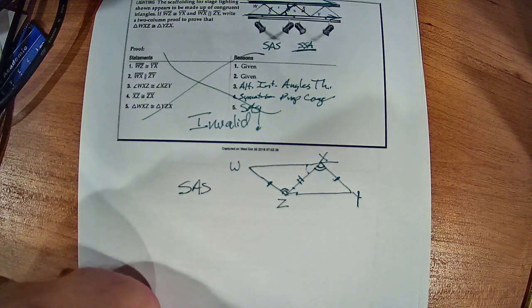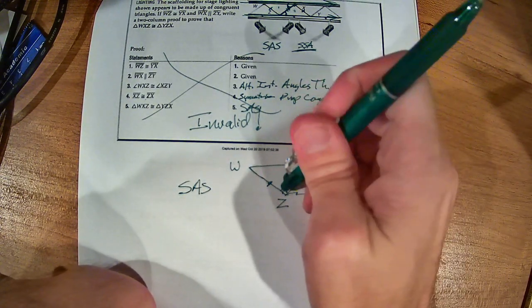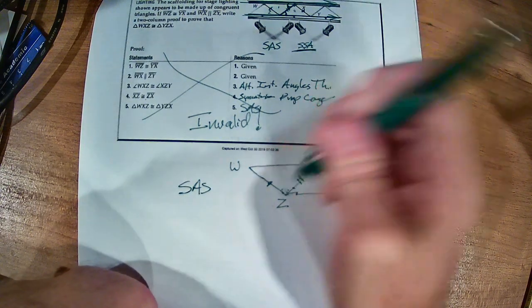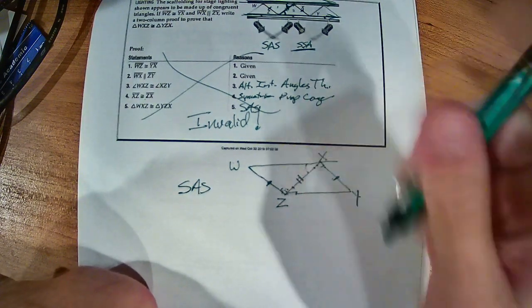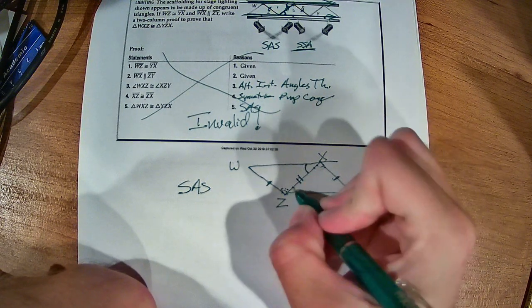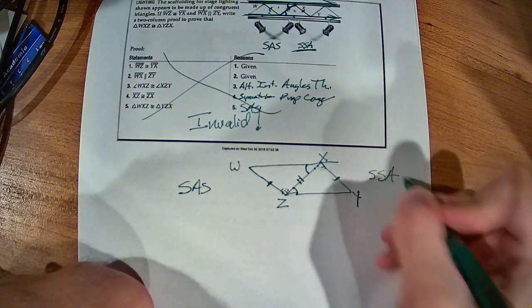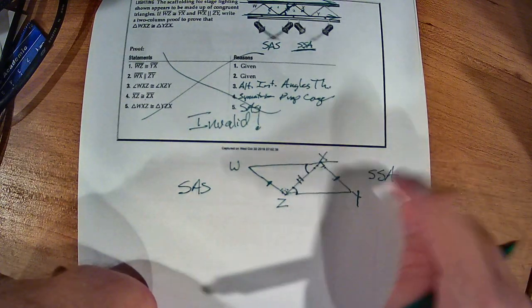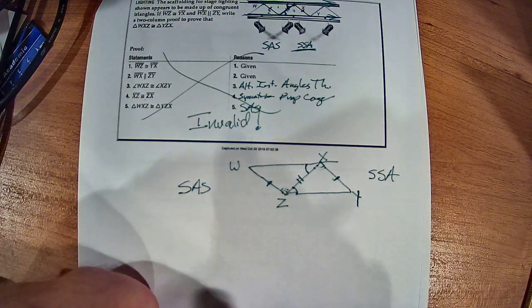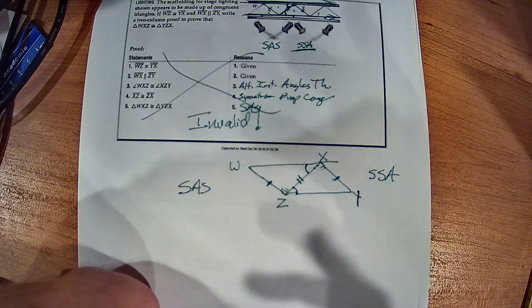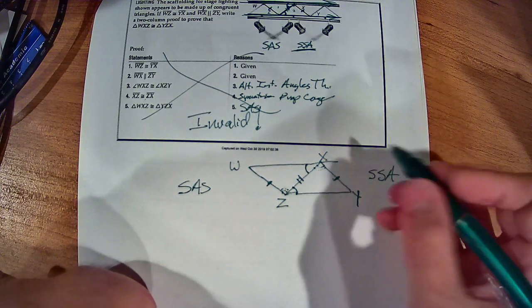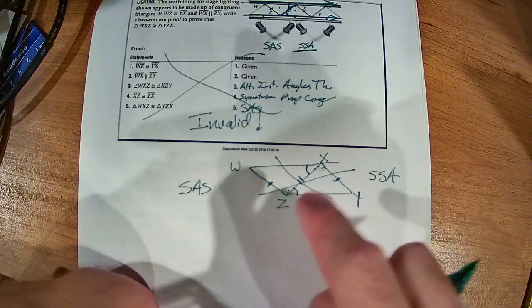That would work. But what we actually have, based on the problem, is this. This is actually a side, angle situation, and we can't prove that, okay? We would need more, okay? And at this point, we don't have enough information, so be careful.